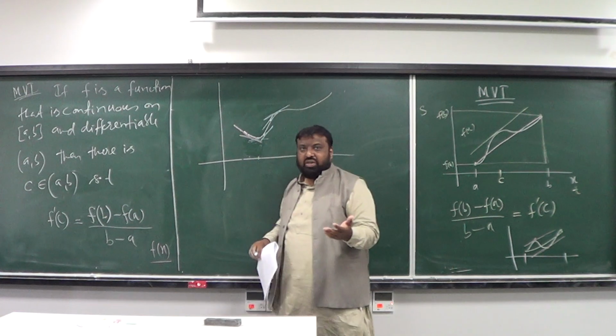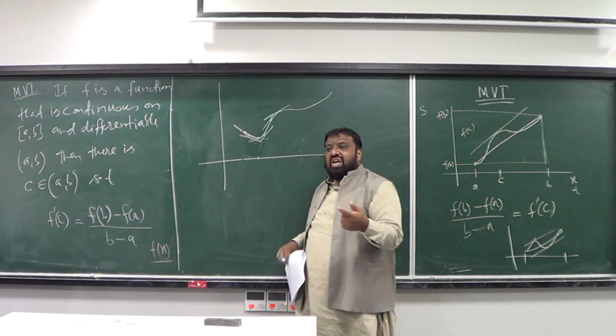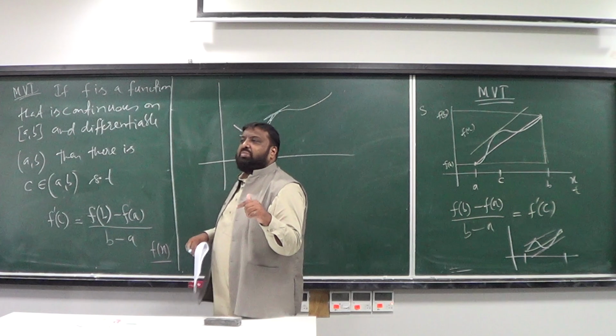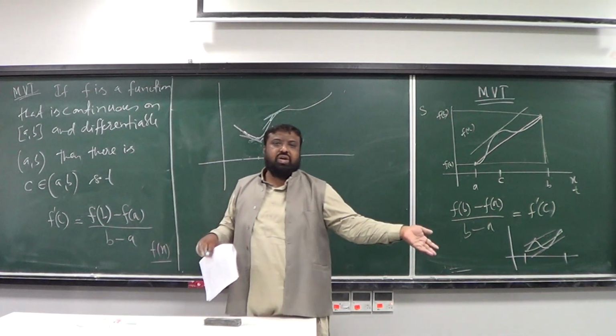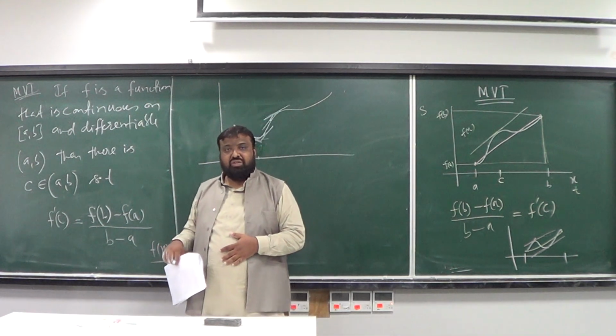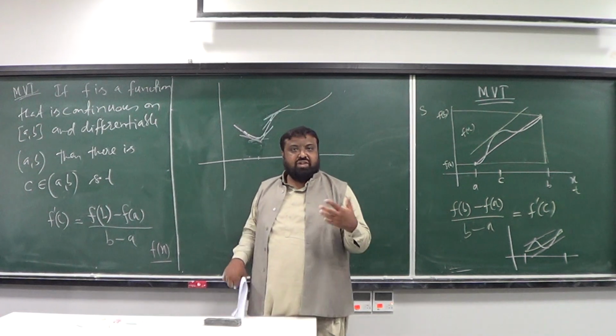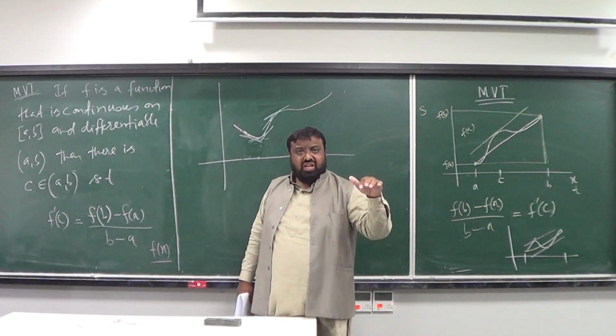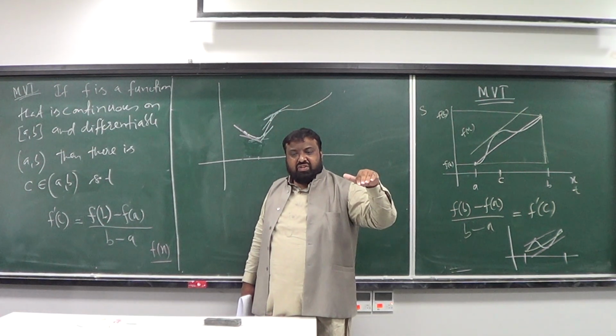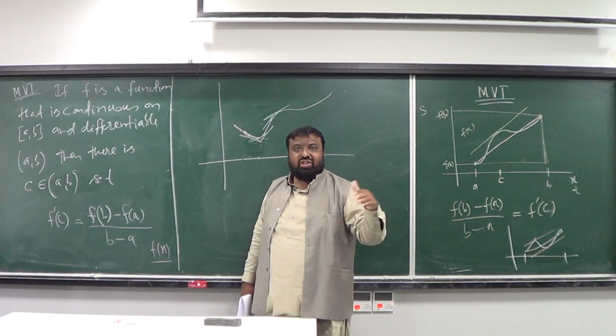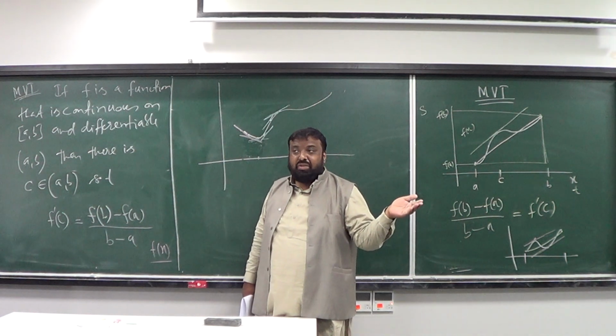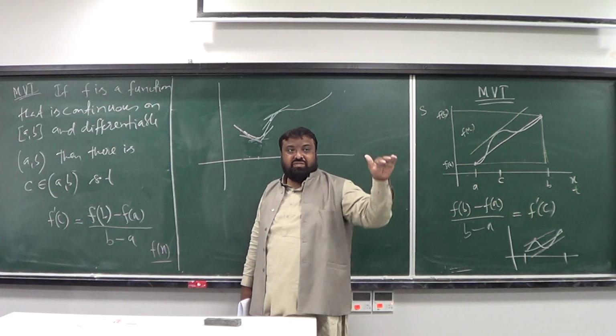Look for the critical point and see how the function is behaving before the critical point and after the critical point. If the derivative of the function is negative before the critical point, that means that before the critical point the function was decreasing.